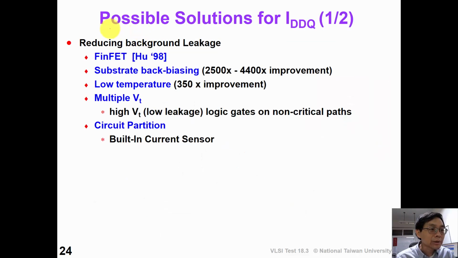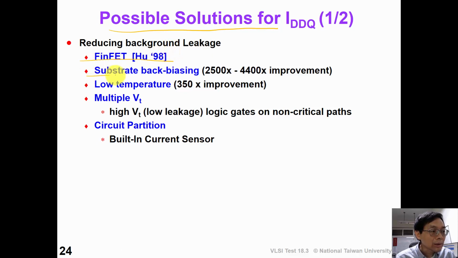So what are the good solutions for IDDQ testing? Turns out the most effective way to reduce background leakage is the FinFET technology proposed by Professor Hu of UC Berkeley. FinFET can greatly reduce background leakage so that IDDQ can still be used.